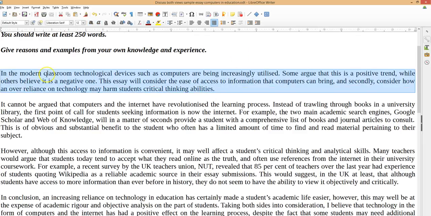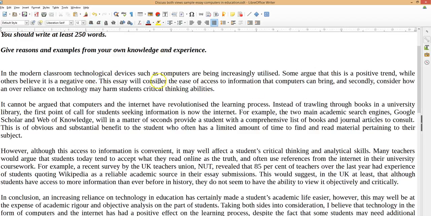So, in the modern classroom, technological devices such as computers are being increasingly utilized. Some argue that this is a positive trend, while others believe it is a negative one. So, now my two main ideas.